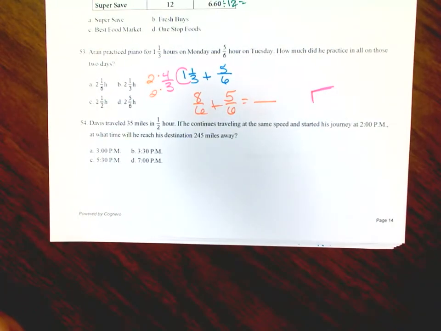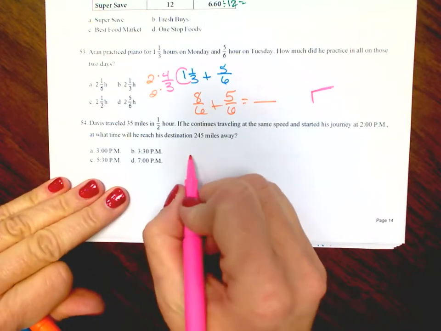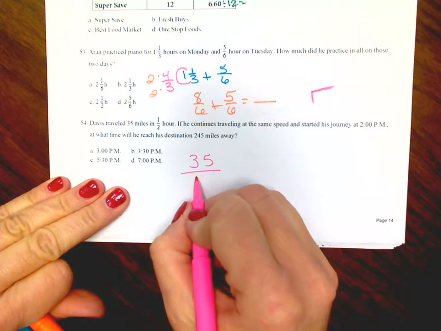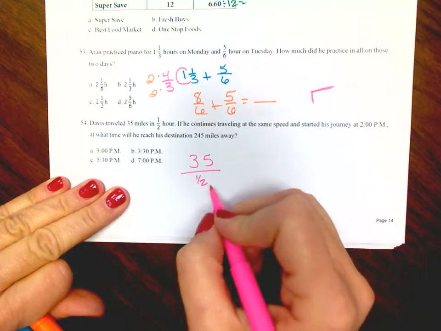Number 54. Davis traveled 35 miles in 1/2 hour. If he continues traveling at the same speed and started his journey at 2 p.m., at what time will he reach his destination 245 miles away? So for 35 miles, he went 1/2 hour.